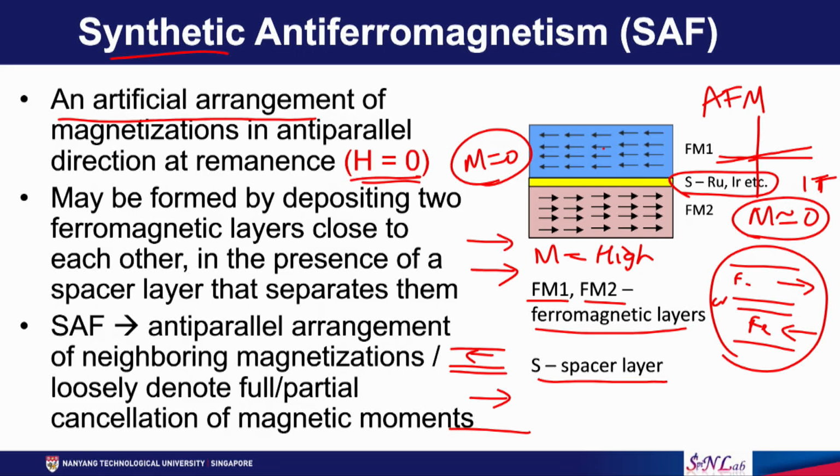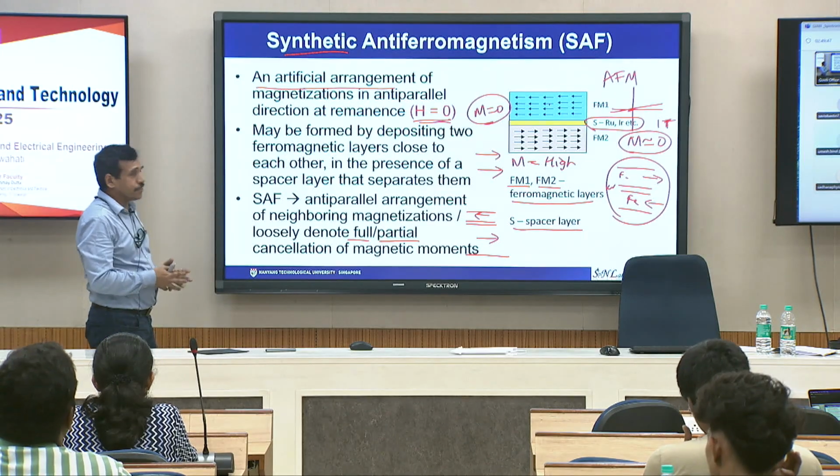So, there is full or partial cancellation. When they are of almost equal thickness, the magnetization of one layer will be completely cancelled, you will have 0 magnetization, that is full cancellation. If one layer is thicker than the other layer, then the magnetic moment will be partially cancelled.